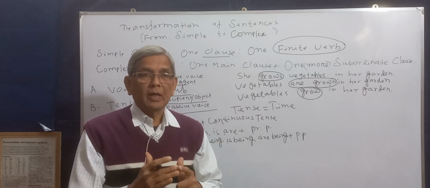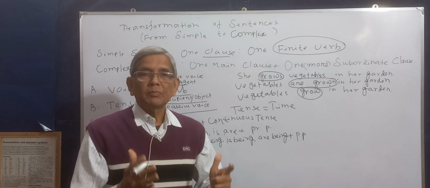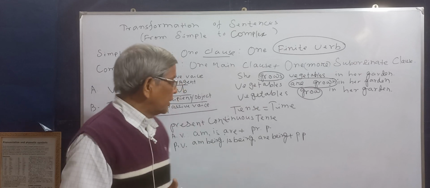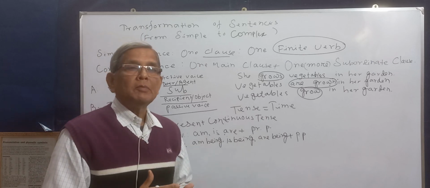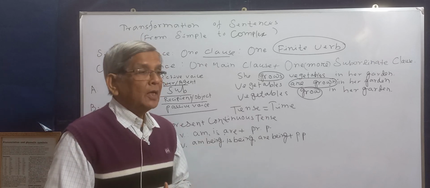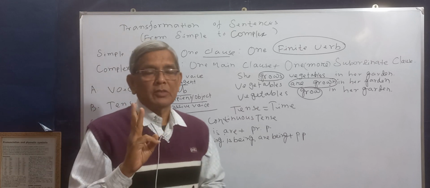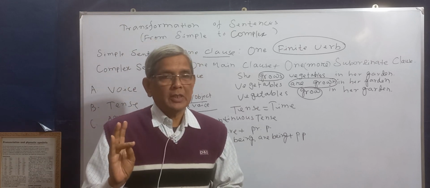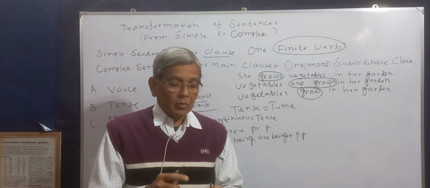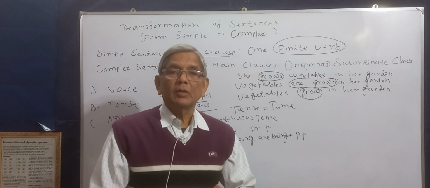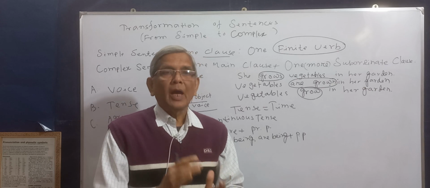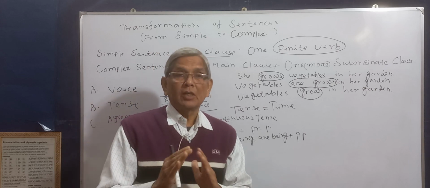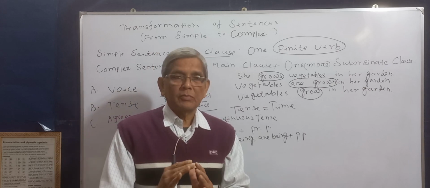This state of the verb is called aspect. It may be simple or indefinite, continuous or progressive, perfect, or perfect continuous. In the last one, we get three words: present, perfect, continuous. Present denotes time, perfect denotes an aspect of completion, and continuous denotes the aspect of continuance.